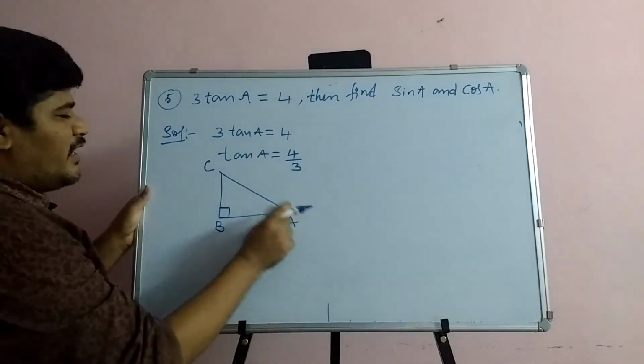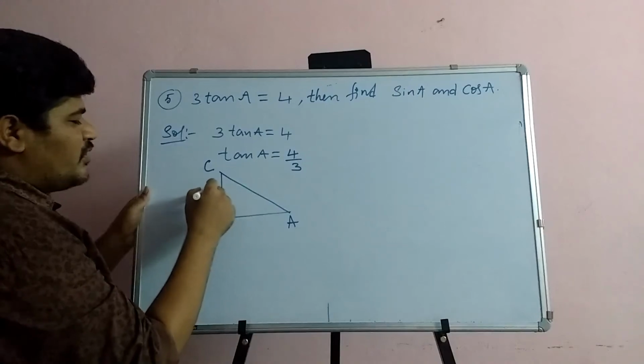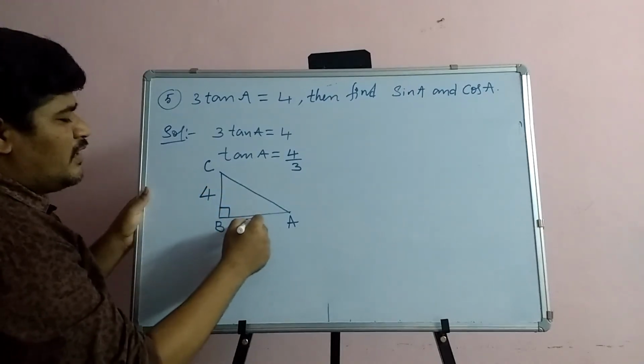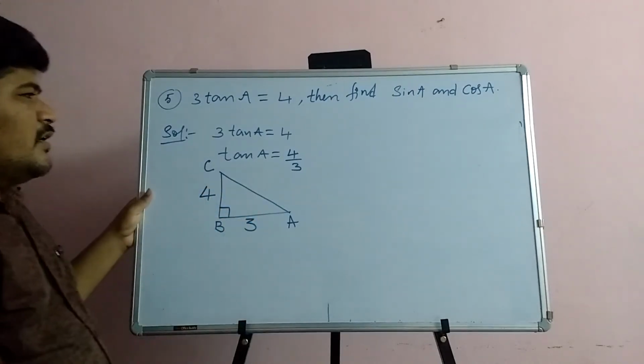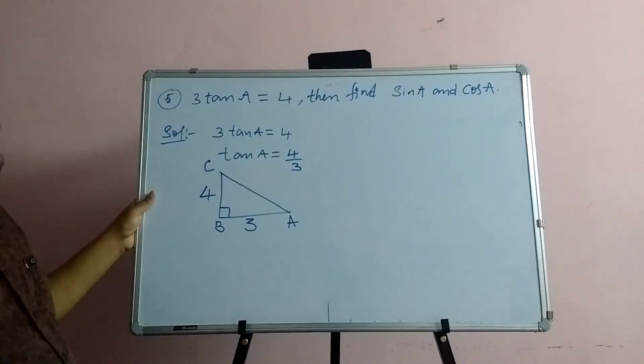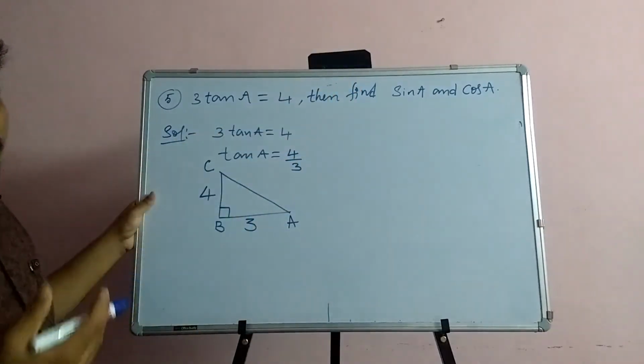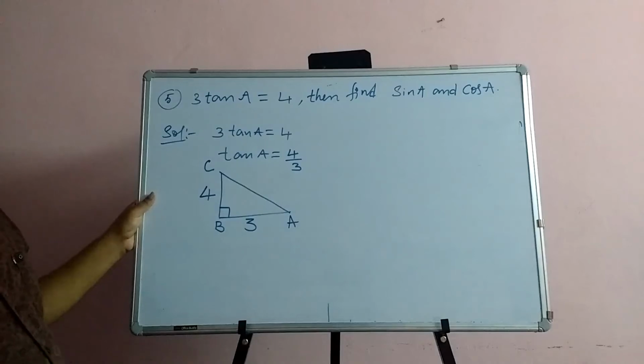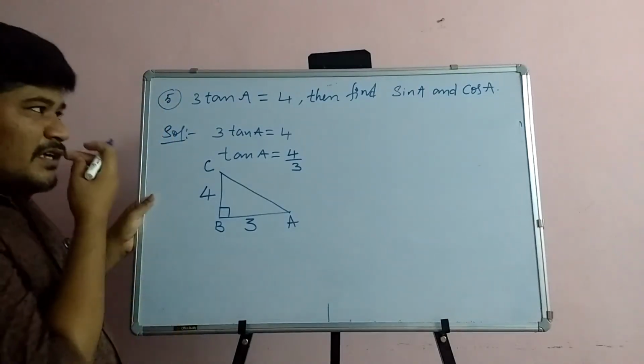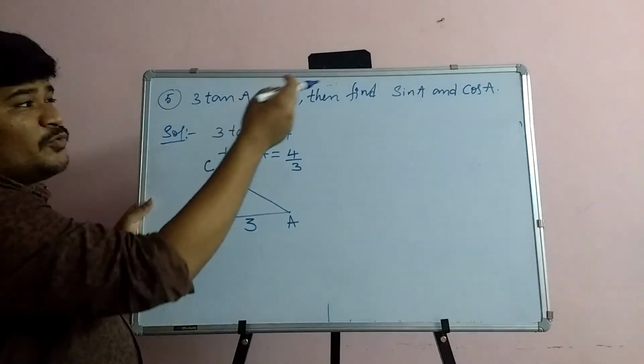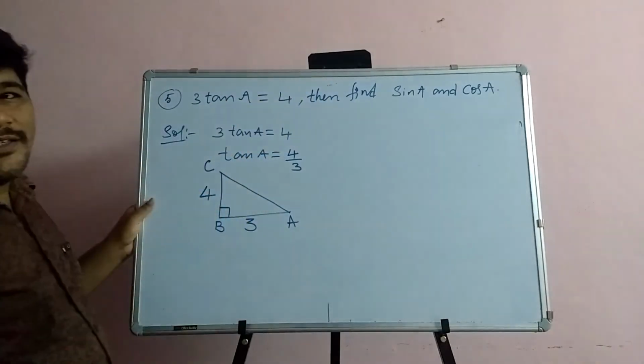So to this A, opposite side is BC, that is 4, and adjacent side is 3. But we don't know the AC value. But they are asking sin A and cos A, where sin A is opposite side by hypotenuse and cos A is adjacent side by hypotenuse. So to find the two ratios, AC is compulsory.